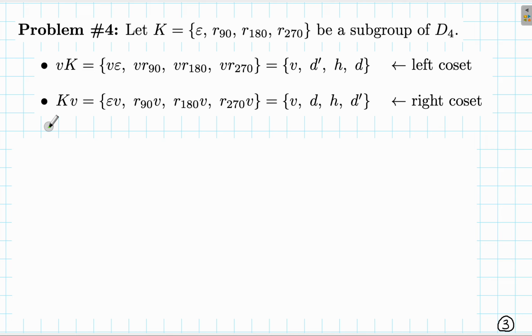And then we looked at the left and right cosets using the same coset representative, namely V. So the left coset VK, we took each element of K and multiplied them on the left by V, and we ended up with V, D prime, H, and D. And the right coset KV, once again, take each element of K and multiply them on the right by V, and we got V, D, H, and D prime.